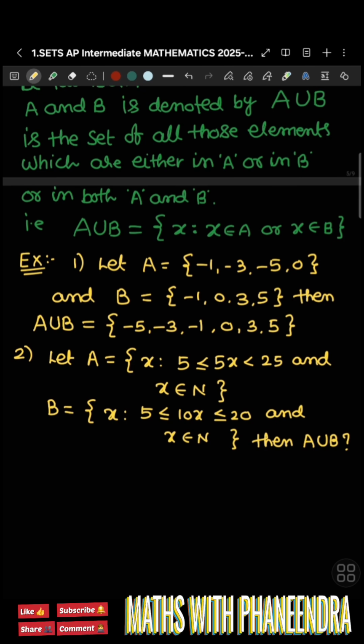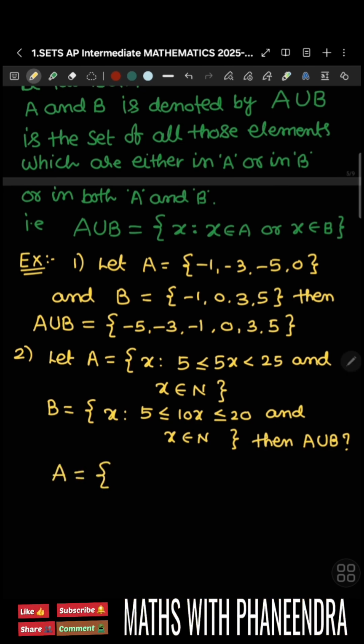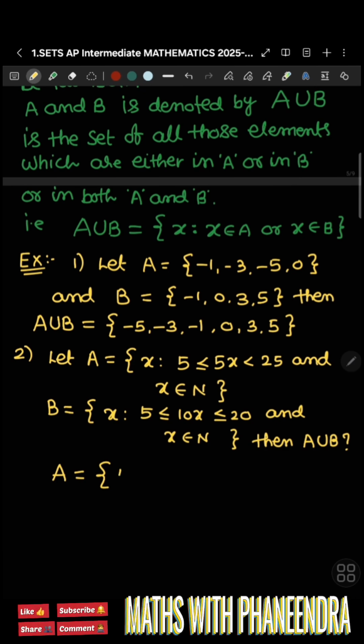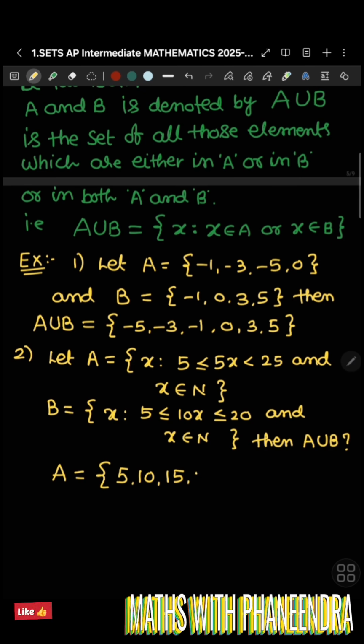See, first find out A; x belongs to N, so we write the A set first. Substitute x equal to 1: 5x is 5, so 5 is less than or equal to 5, and 5 equal to 5 holds. x equal to 2, substitute, 10 will come. x equal to 3 means 15, 4 means 20.